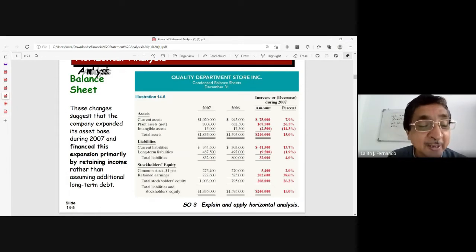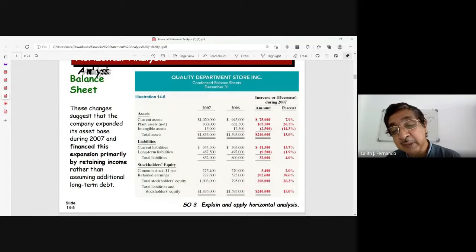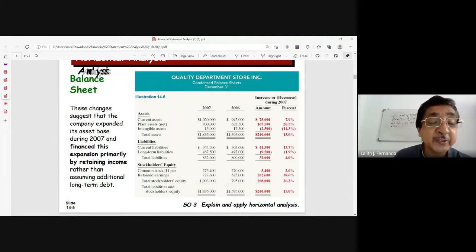So what you need to do is, to justify this particular comment, you have to give figures. You have to give figures extracted from this horizontal analysis. That is what you need to do. I will give you about 5 to 10 minutes to do that. Just give 2 or 3 figures, or 2 or 3 ratios or whatever, from the horizontal analysis to justify this comment.